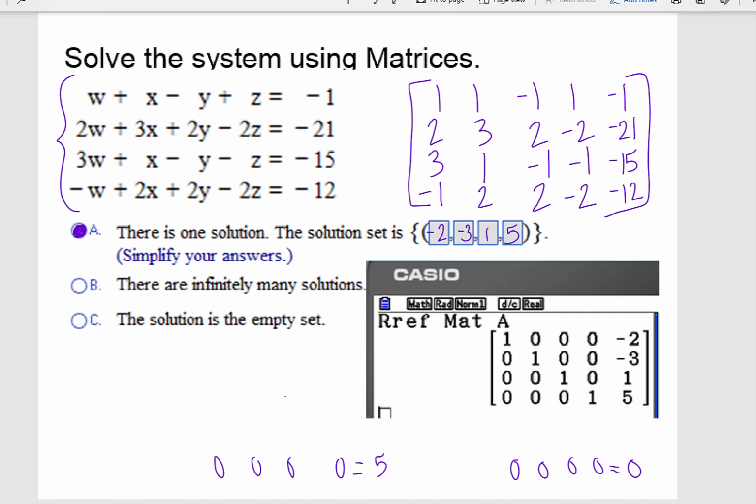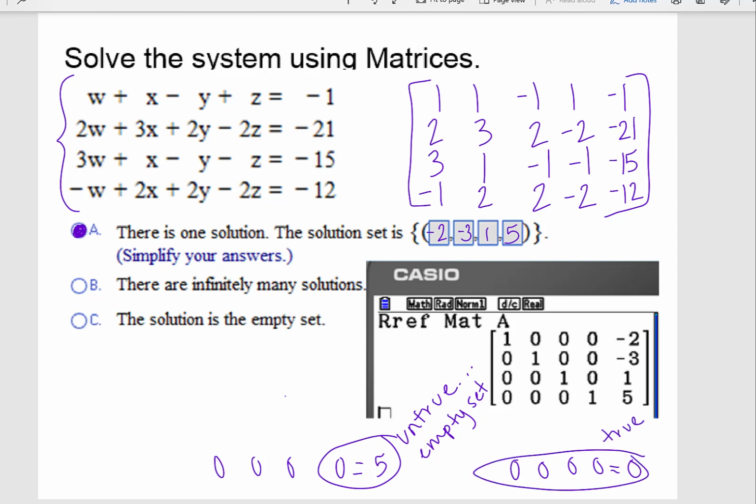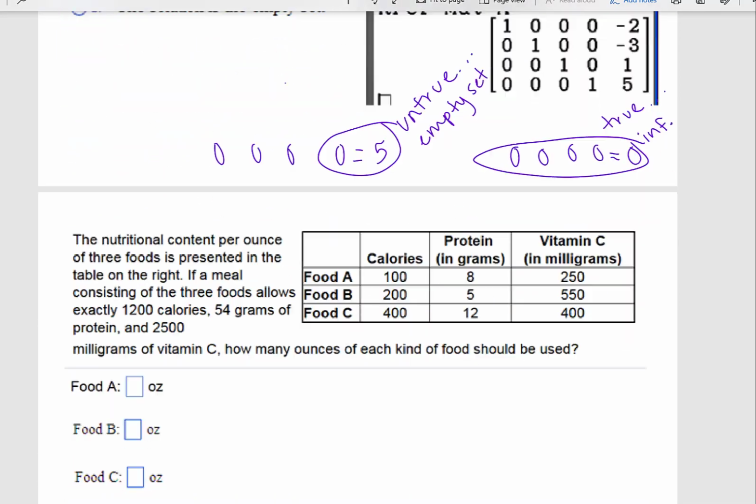So if we have this untrue statement, then it would be the empty set. And if we have this true statement, infinitely many solutions. Okay. So it's exactly the same rules that we applied before, but now actually seeing it in the matrices.